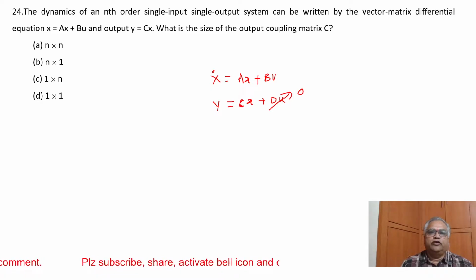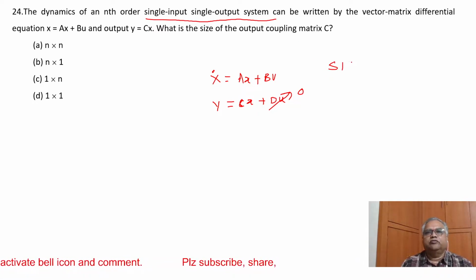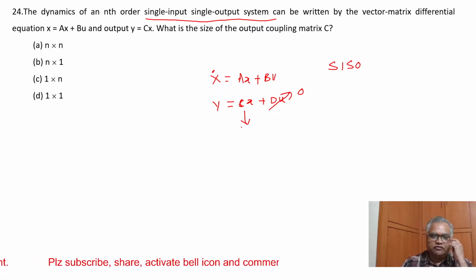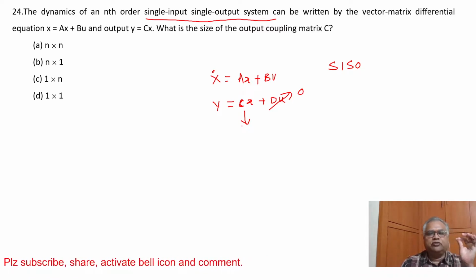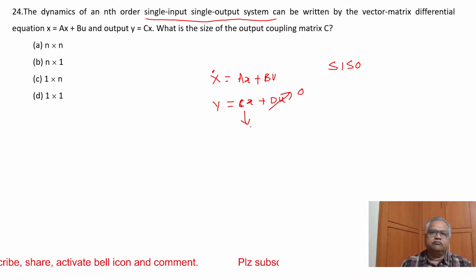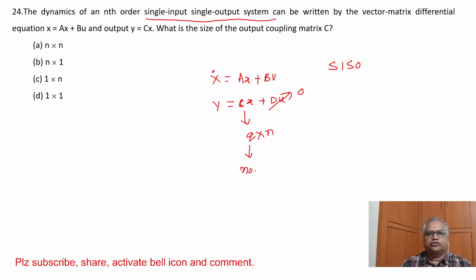Now what is the important point here? Single input to single output. The C size is always, this is the fundamentals of state variable analysis in the control system. You will study the size of C is always Q by N. This Q indicates number of inputs.